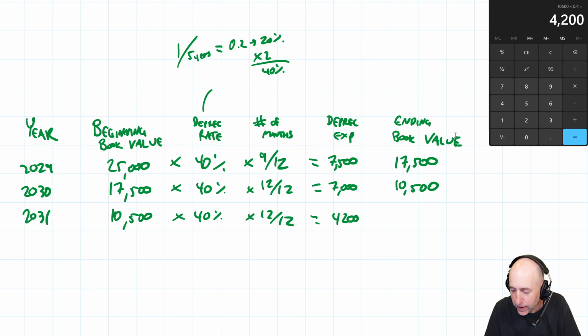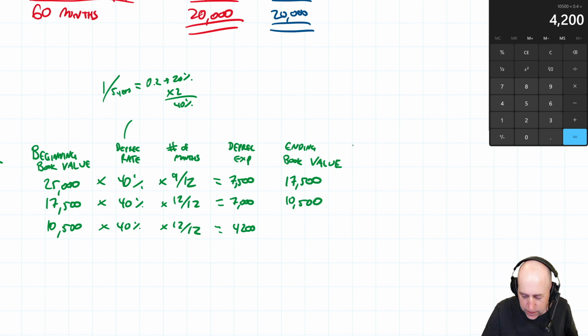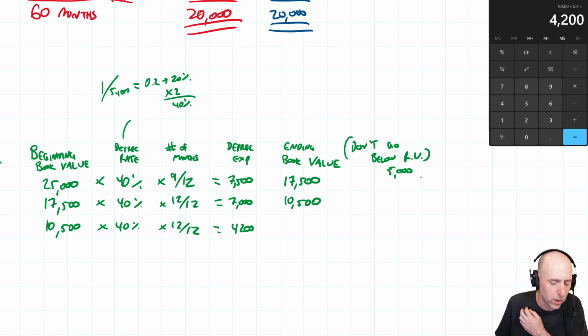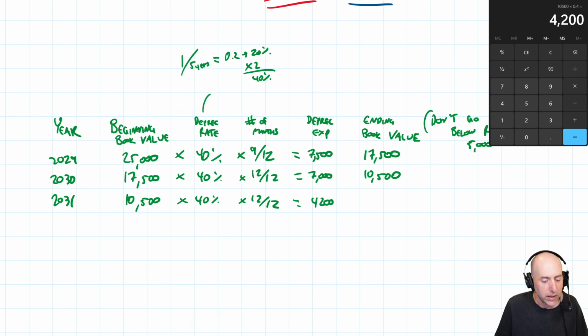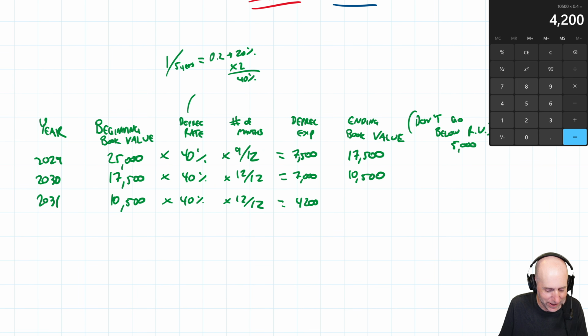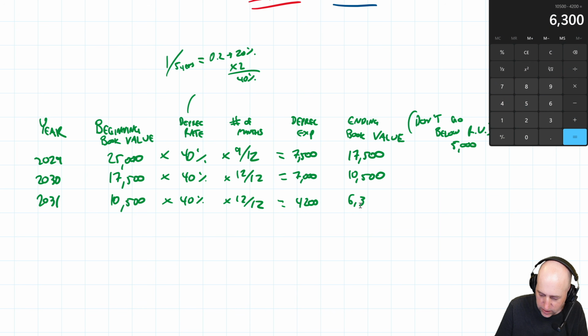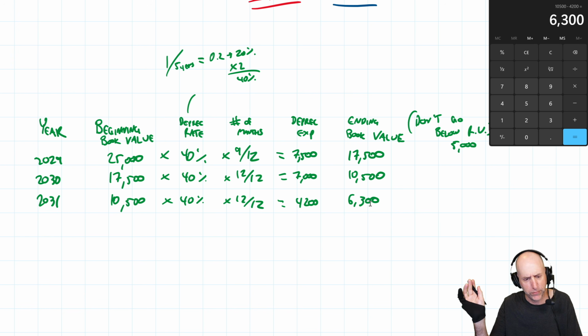We have to say, my ending book value, just a little note to self, don't go below the residual value. So in this case, $5,000. That's note to self. Don't go below $5,000 because we're about to go below $5,000 in a second. So, okay, I go 10,500 minus 4,200. It's 6,300. Did I go below 5,000? No, I'm still good.